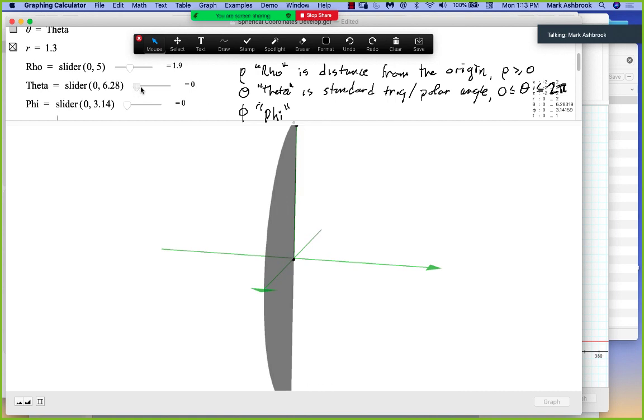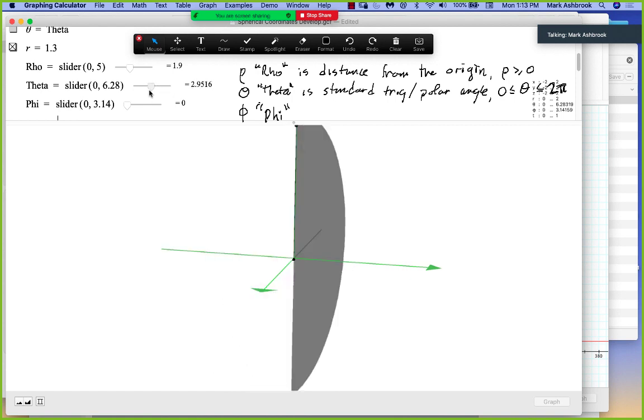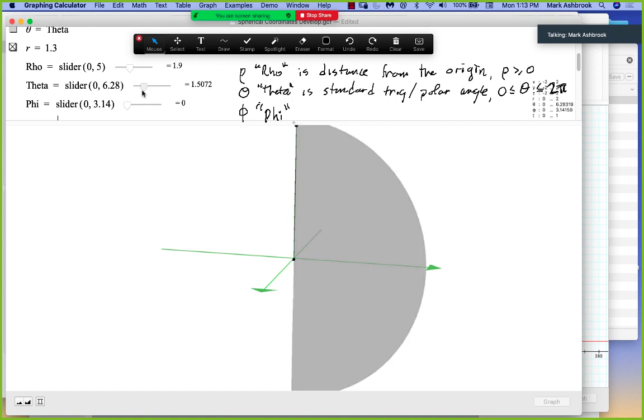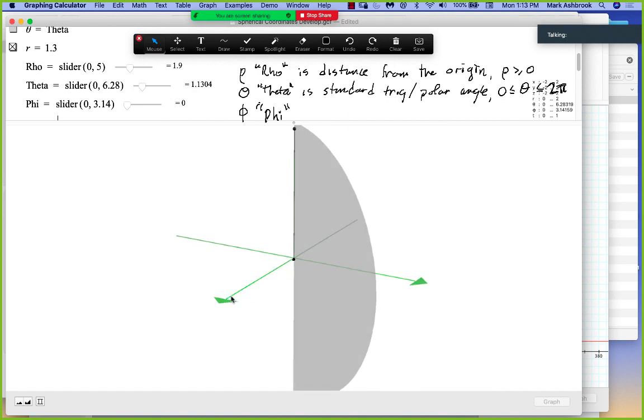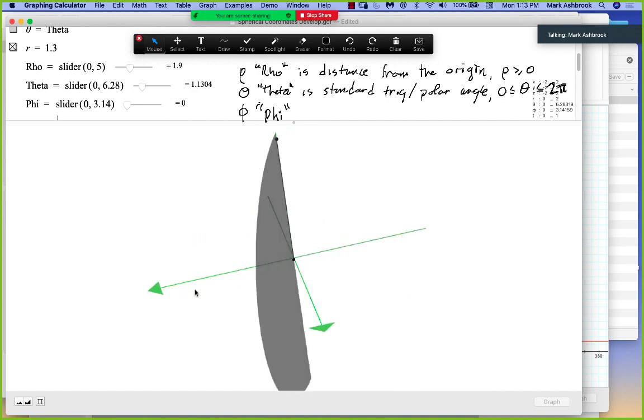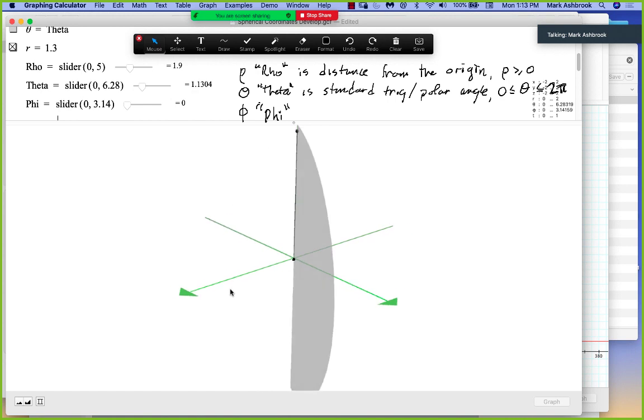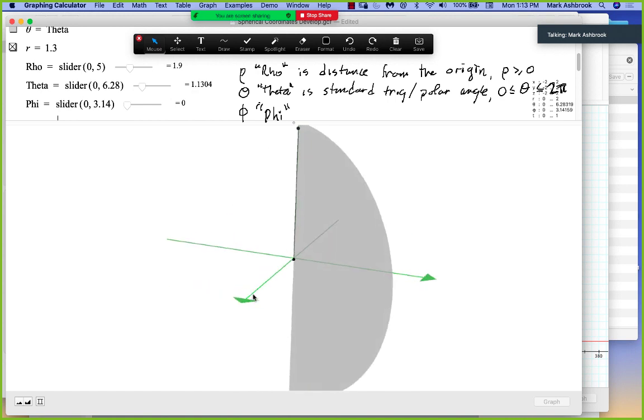All right, so here's this gray half disk, indicating some angle of theta. So I'll make it something like pi over 3. So here's theta of pi over 3, something like that. And so what phi is, the angle phi, is in the direction of theta, in that direction.